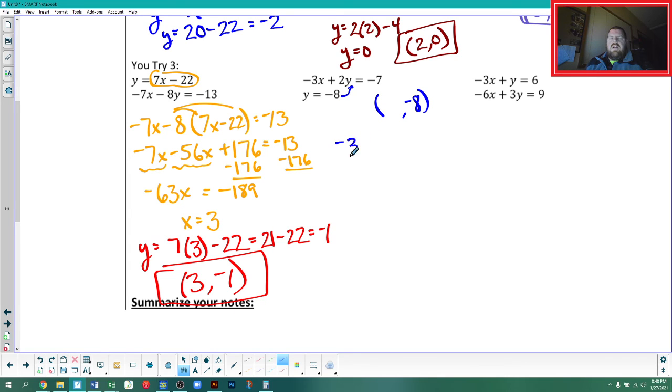So let's find it. Negative 3x plus 2 times negative 8 equals negative 7. And in fact, I would say a lot of equations are this way. A lot of just solving equations could be written this way.